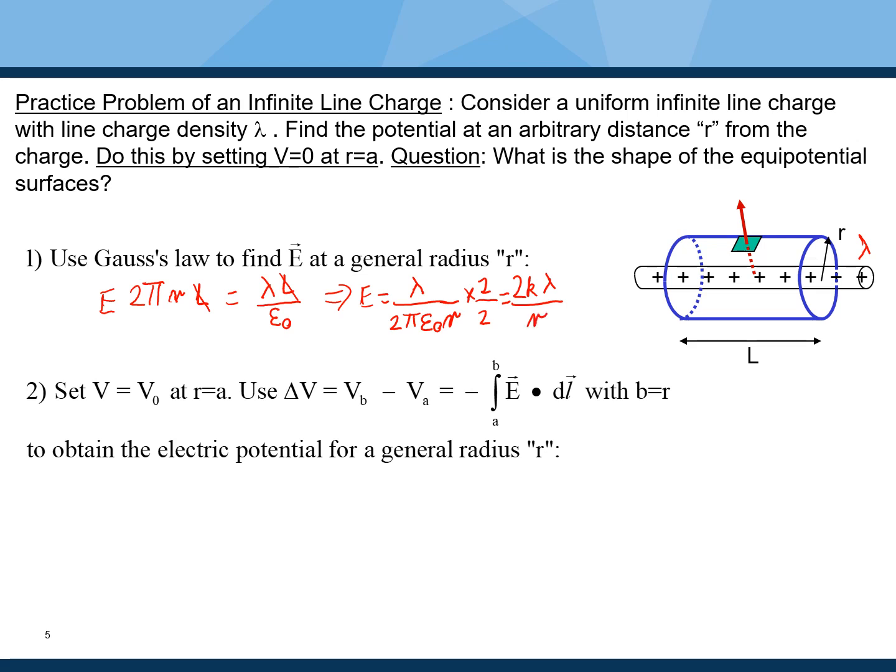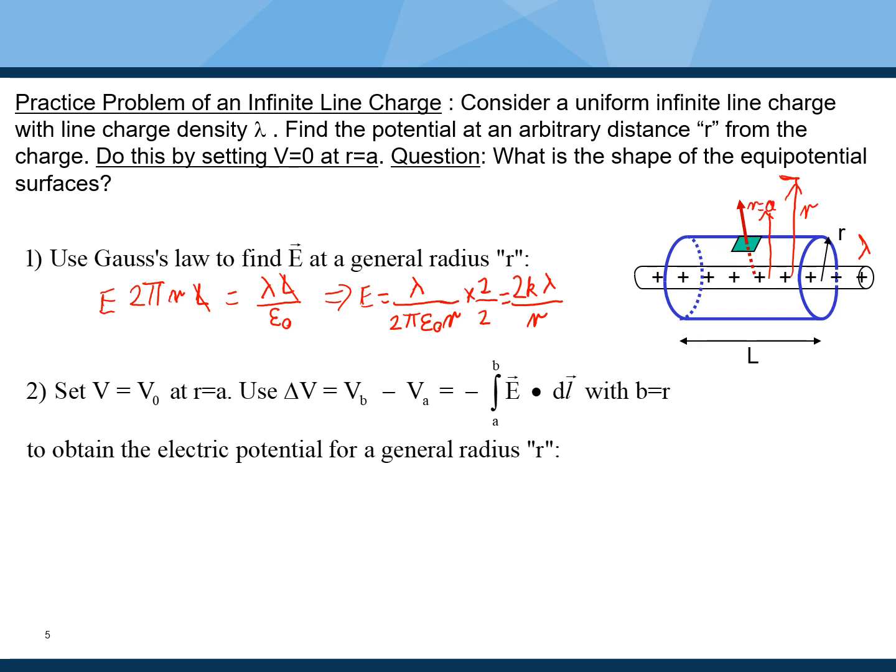So this gives me the electric field for points outside of the linear charge density itself. Now, in part B, we're told to go ahead and obtain the potential at any point R out here, if we're told what the potential is at some location R is equal to A.